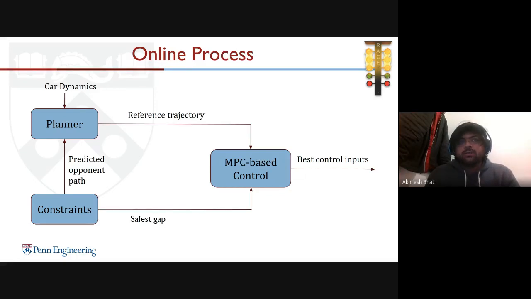Once we got the best waypoint, we generated a reference trajectory towards that waypoint and passed it on to the MPC tracker to generate the best control inputs. So this was the overall strategy that we used for the race.